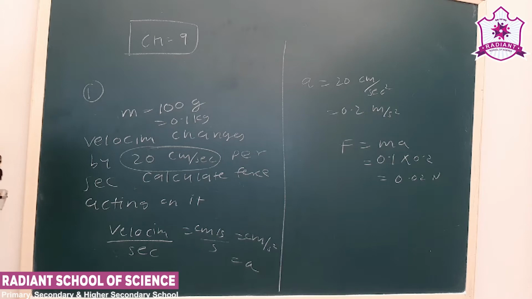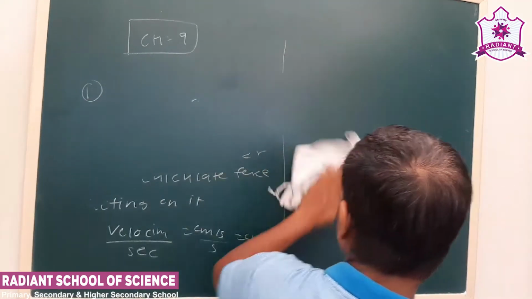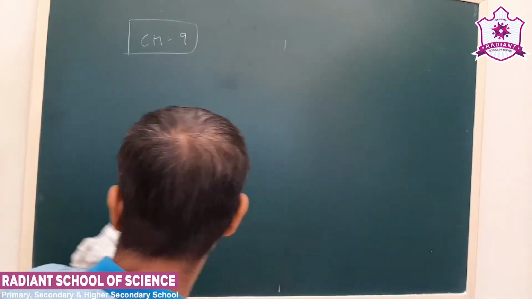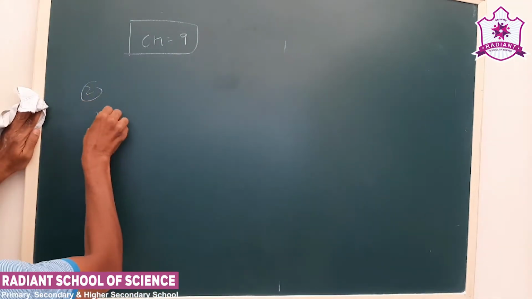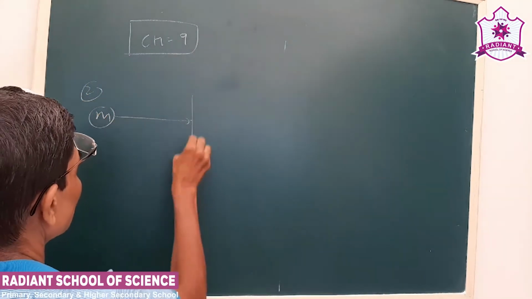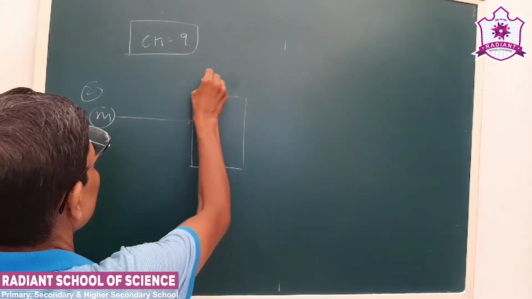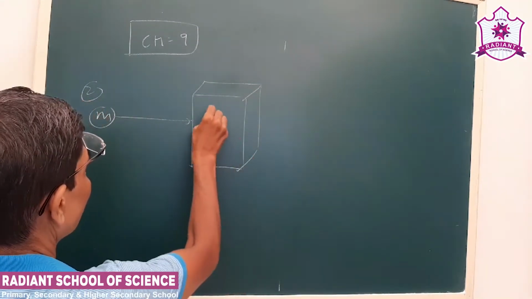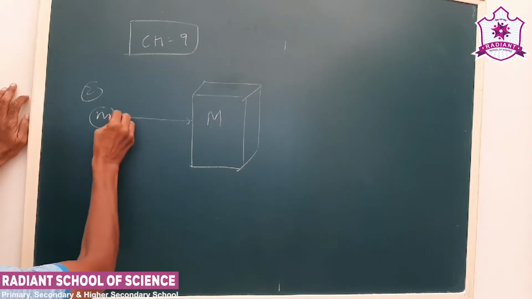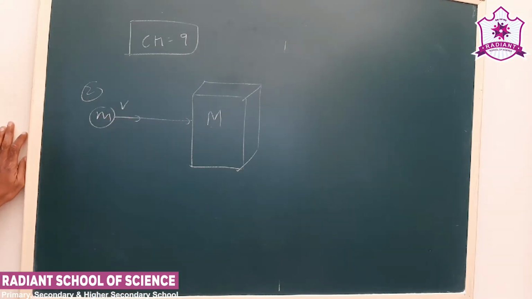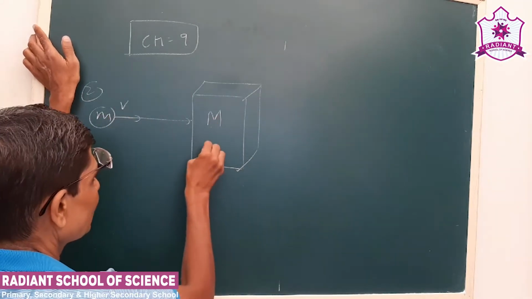Now see another example. A bullet of mass m moves toward a block of mass m. The velocity of the bullet is v. Here the block is stationary.